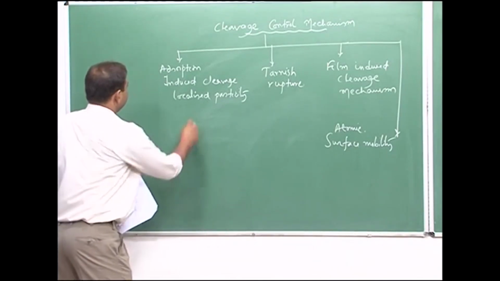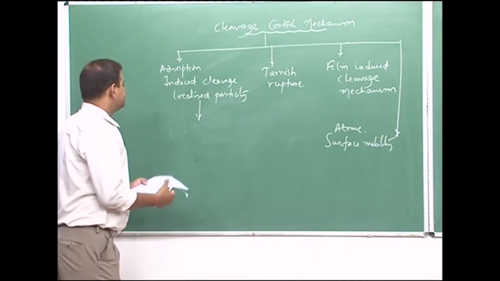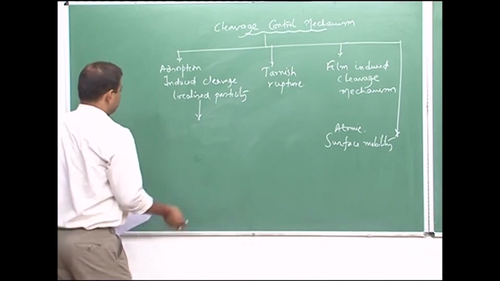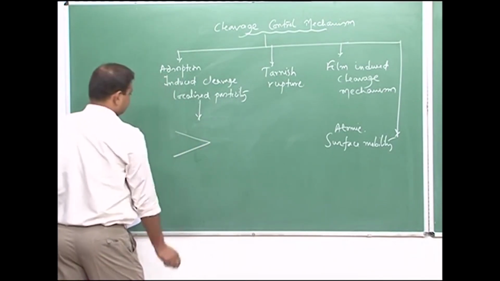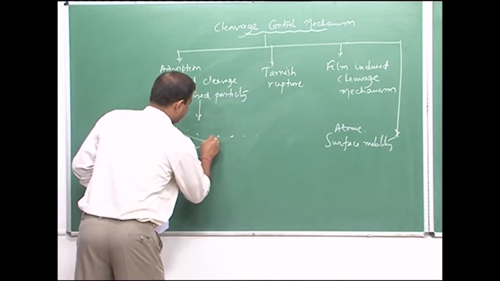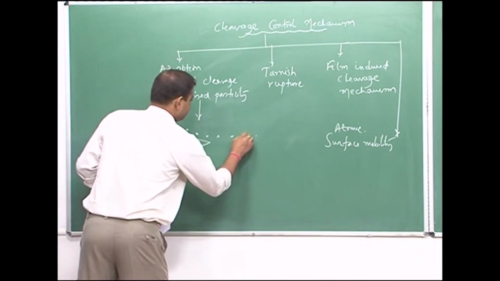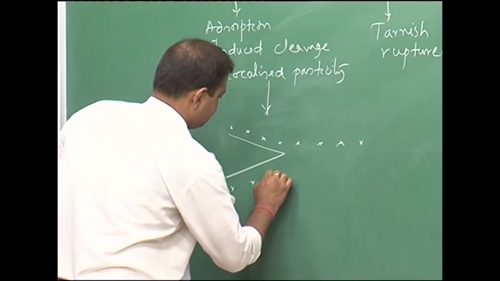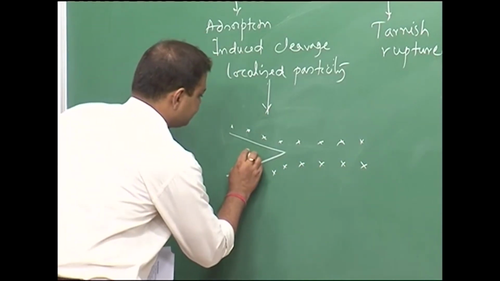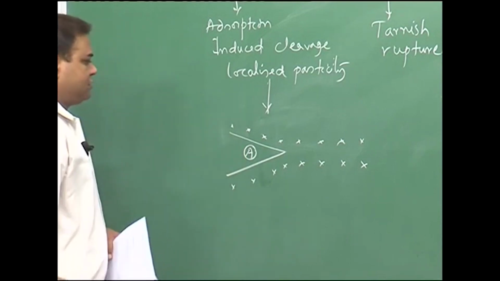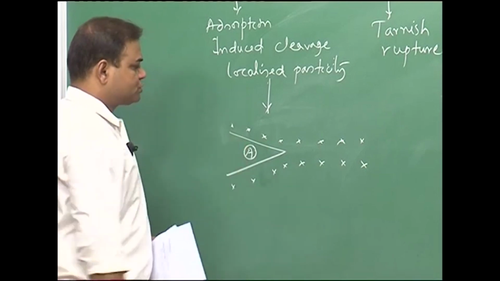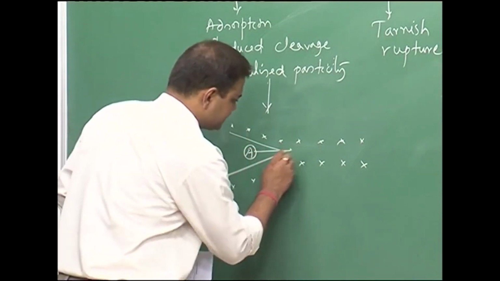In case of adsorption induced cleavage, localized plasticity, there are many species. For example, you have a crack like this and the atoms are arranged like this. These are the atomic arrangement in the material. This is my atomic species, which is the product of corrosion in the crack tip zone, that can enter into the lattice.